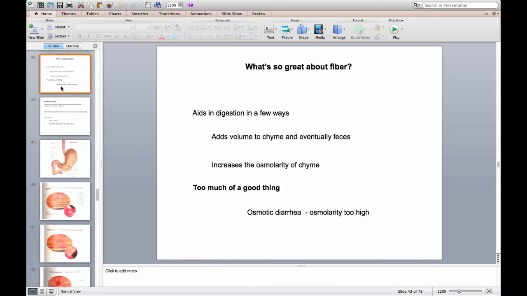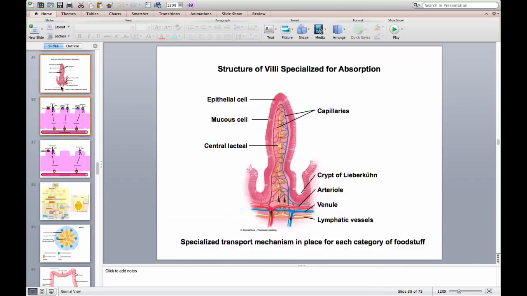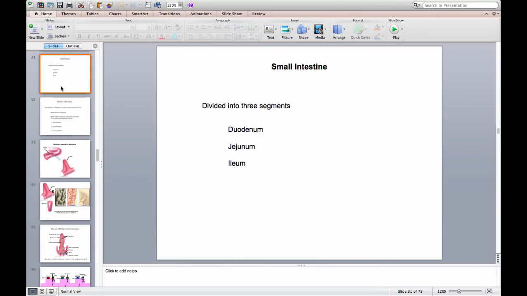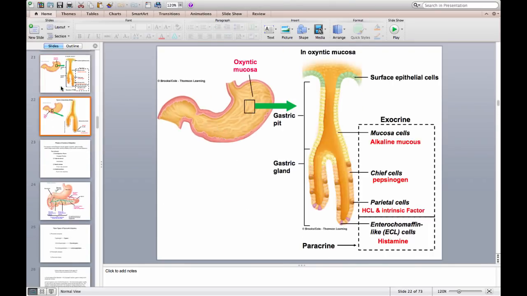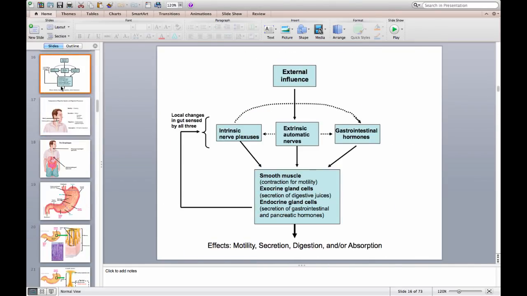Okay, so what we're talking about here is control over gut function. What are the players involved in controlling gut function?